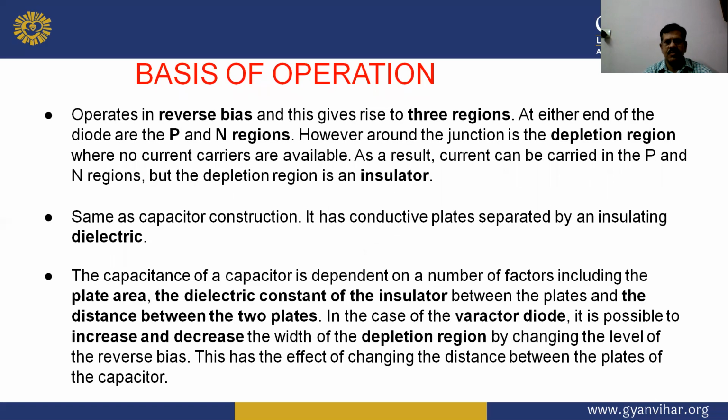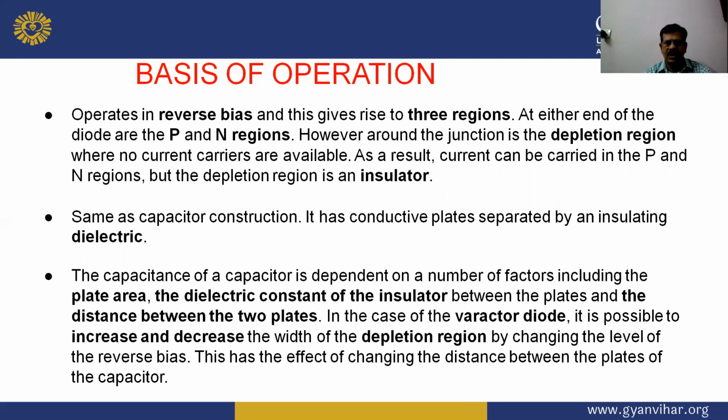What is the basic operation of the varactor diode? It operates in reverse bias and this gives rise to three regions. At either end of the diode are the P and N regions. So in the varactor diode, there are two regions, P region and N region. However, around the junction is the depletion region where no current carriers are available.